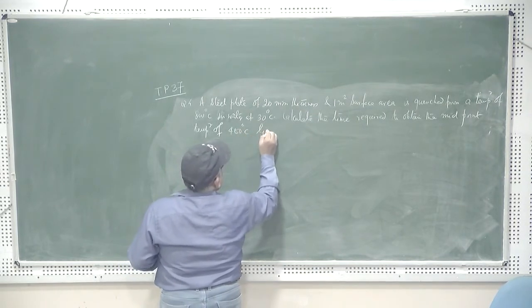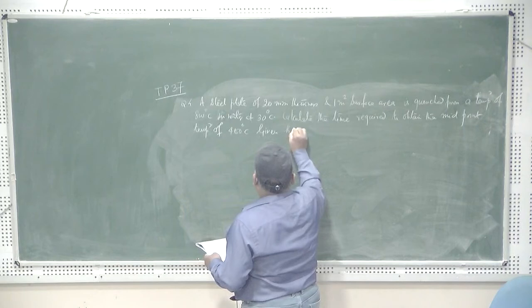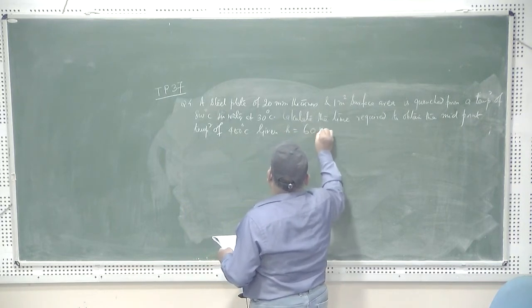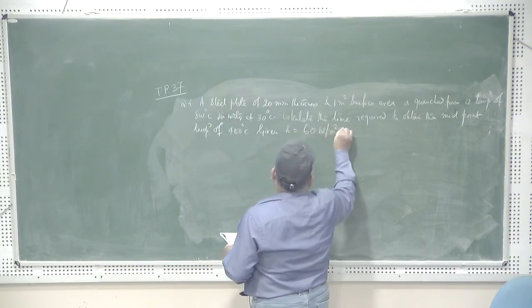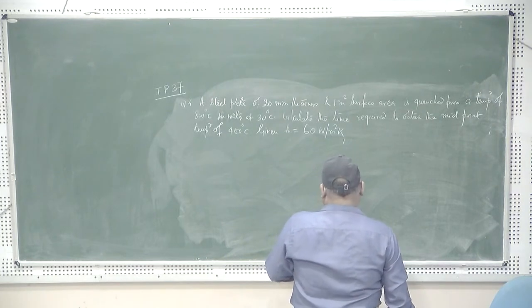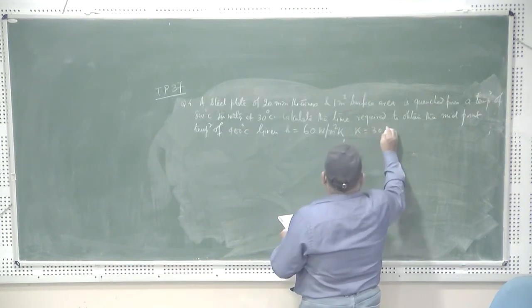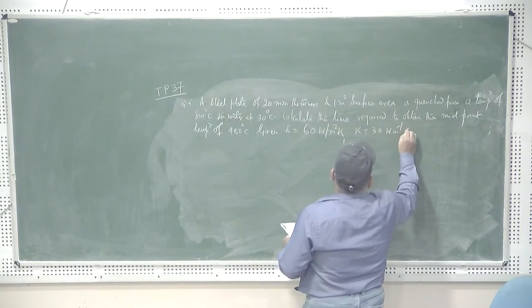The given quantities are h, that is the convective heat transfer coefficient, equal to 60 watt per meter square Kelvin. k is equal to 30 watt per meter per Kelvin.